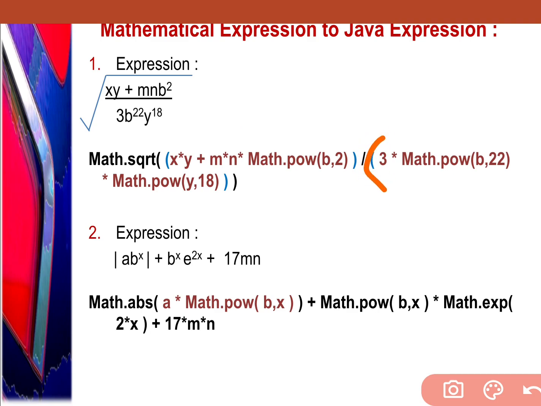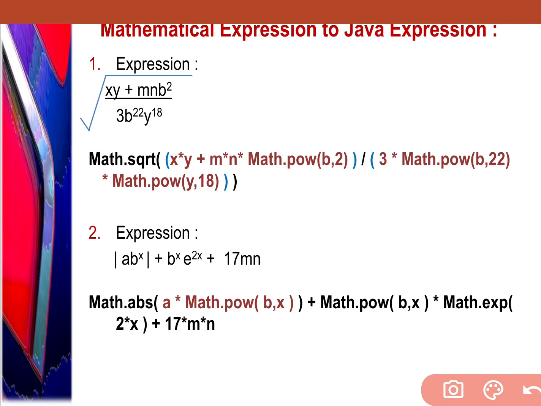And then the denominator starts after the divide sign. In the denominator part, I had already mentioned a bracket for the denominator: 3 into b to the power 22 into y to the power 18, into Math.pow(y, 18).